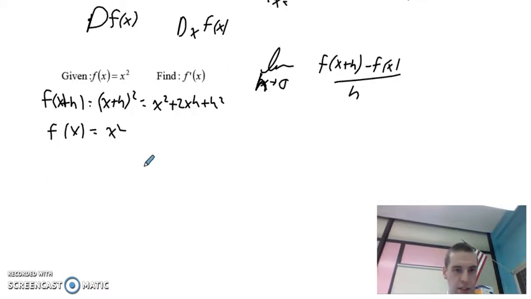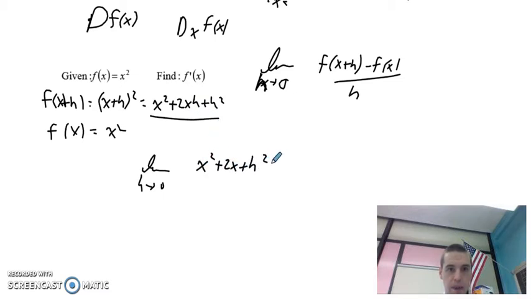So we've got the limit as h approaches 0 of f of x plus h, which is this, minus f of x, which is x squared. Now what I like to do is put that in parentheses just so I know what I'm doing, all over h.